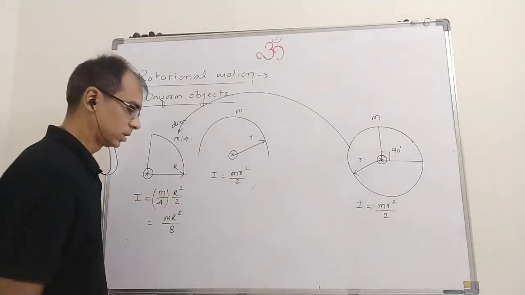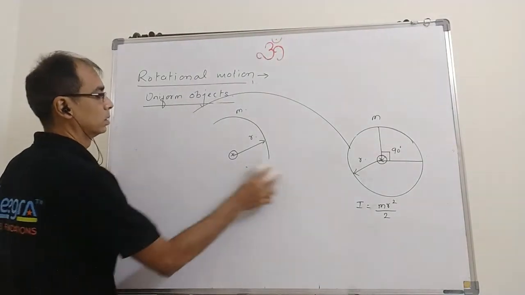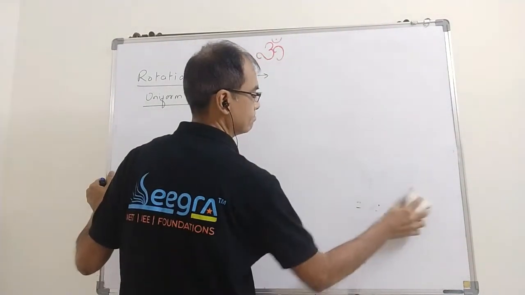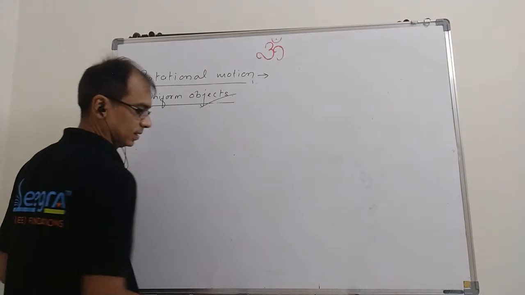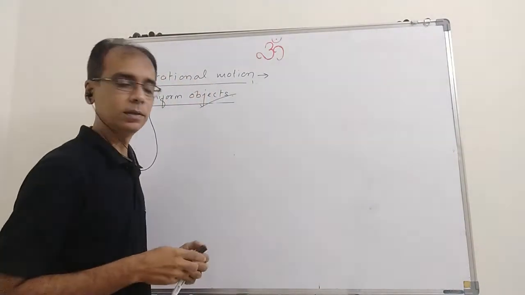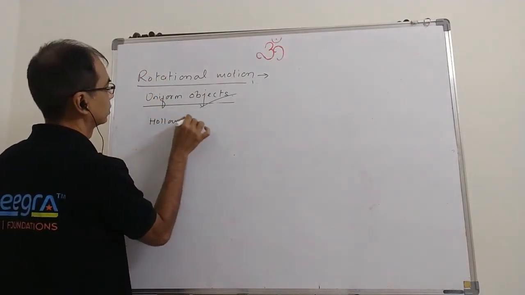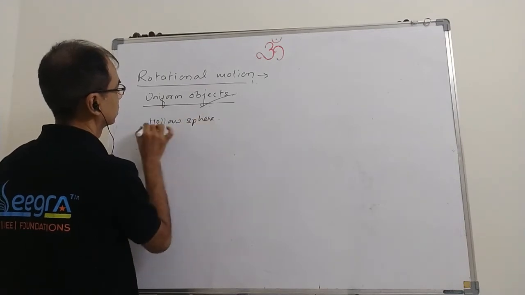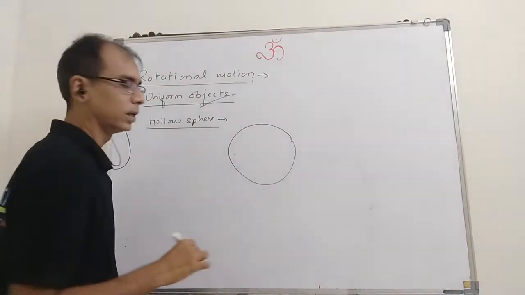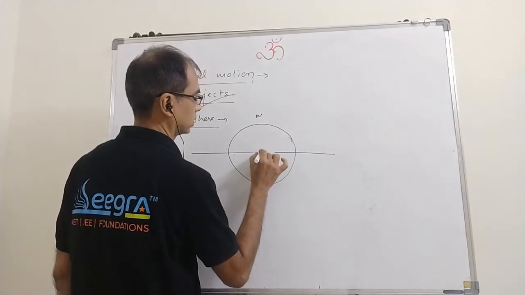Ring and the disk. Okay? Then we are going for the next, a sphere. Two types of sphere are there, hollow sphere and solid sphere. So hollow sphere, about an axis which is passing through its center. Its mass is m, radius is r.